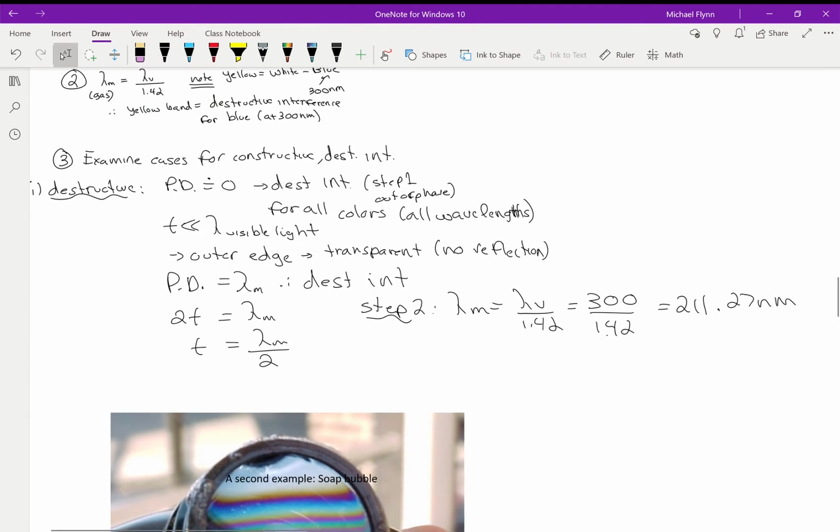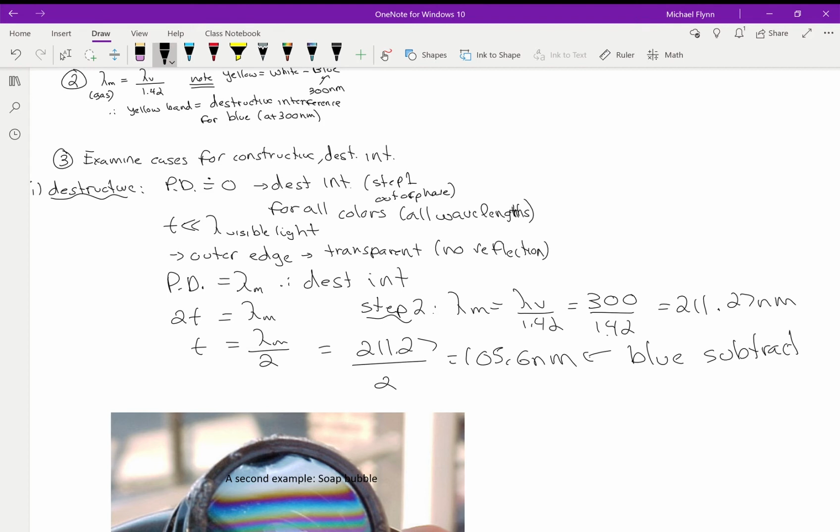And now we get to this point here where we can say this. So that's equal to 211.27 divided by 2. So I divide my answer by 2, and I get 105.6 nanometers. So get this. Here, blue will be subtracted at 105.6 nanometers of film thickness.